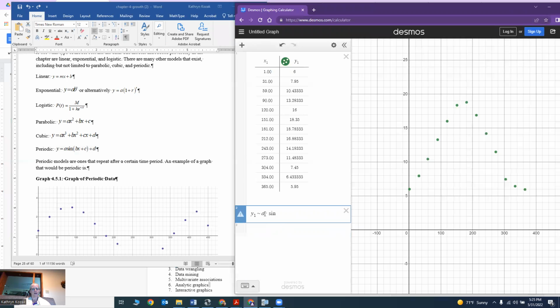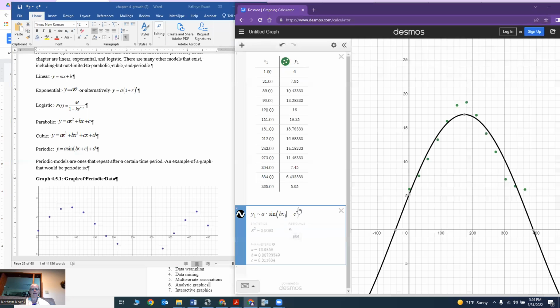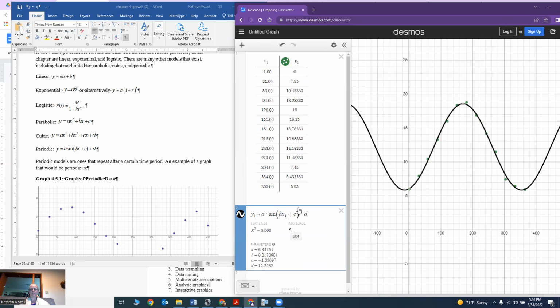For sine, I just type SIN. Then parenthesis b x plus c. But I don't want just x because my variable is actually x1 for my input, so again I put a 1, and then plus d at the end.